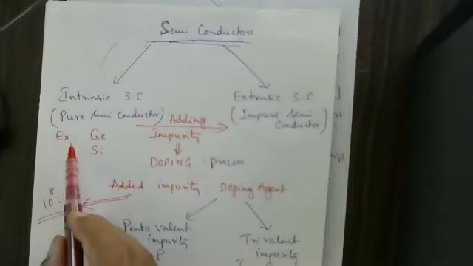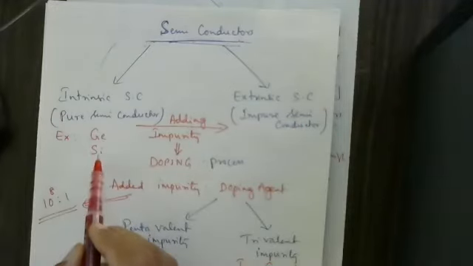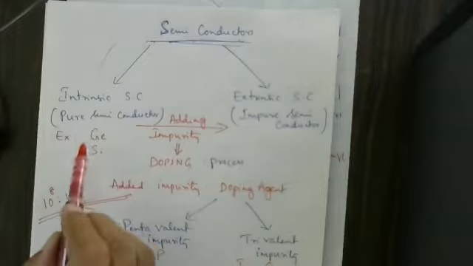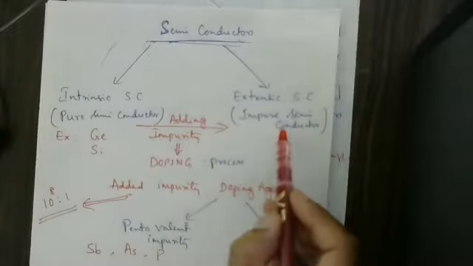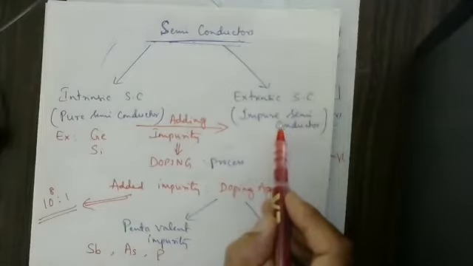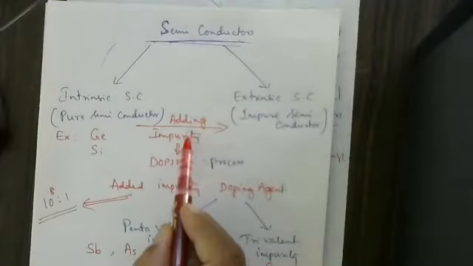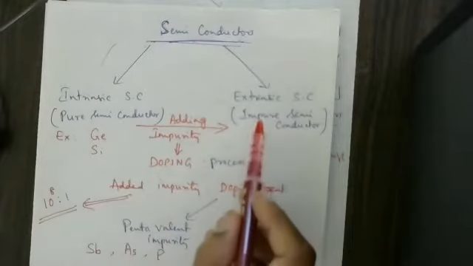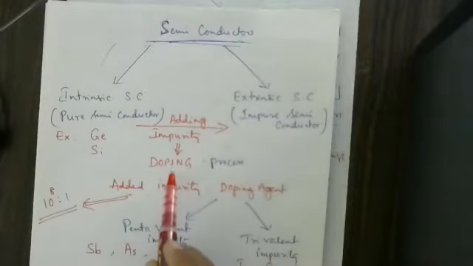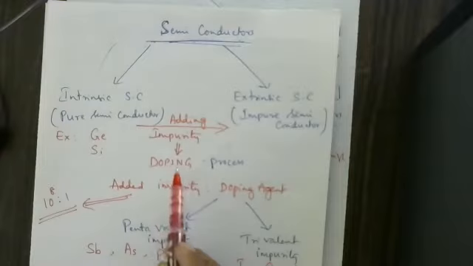Example for pure semiconductor is either germanium or silicon. If you add some amount of impurity, it converts into extrinsic semiconductor. The addition of impurity to the intrinsic semiconductor to make it extrinsic is called doping, and the added impurity is called the doping agent.